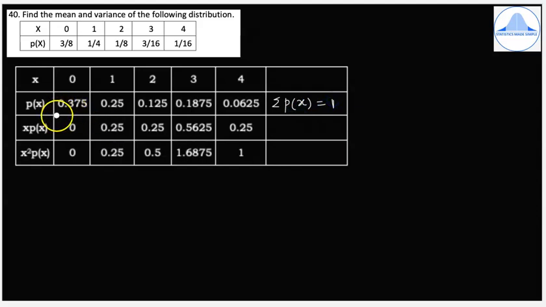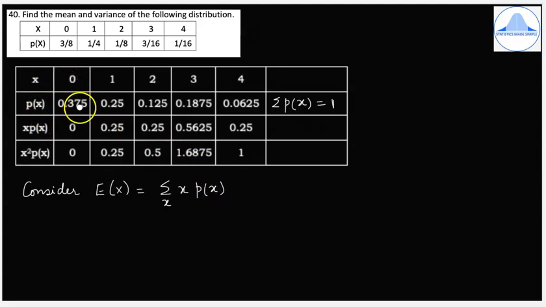Next, to find out the mean, let me write the formula so that you will know what rows you're supposed to form. The mean is denoted by E of x, that is expectation of x, is summation over x, x P of x. So what you have to do now is multiply x into P of x.